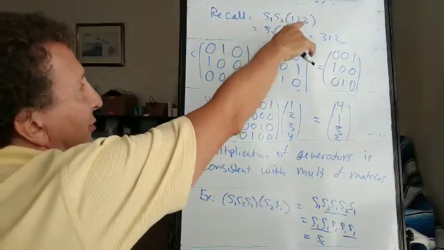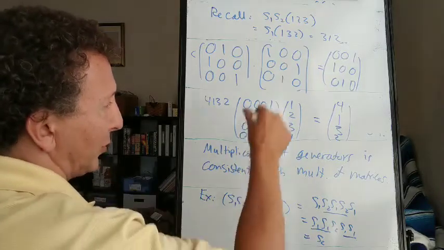So applying these generators to a word is the same as multiplying a matrix by the vector 1, 2, 3, 4.